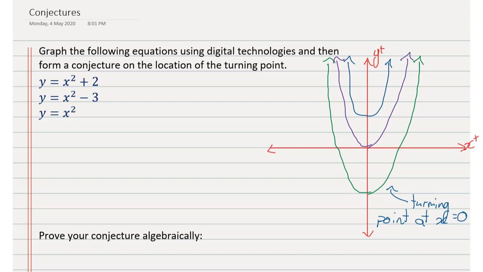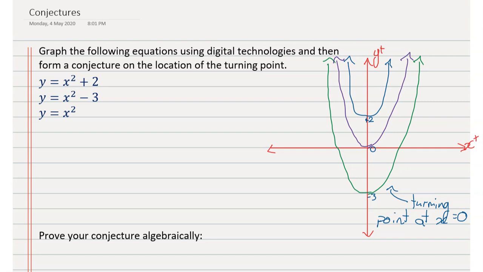And for the y value, x squared plus 2 is at y equals positive 2, x squared minus 3 is at y equals minus 3, and y equals x squared is at 0.